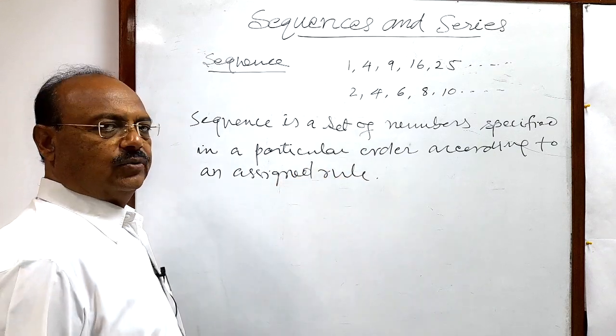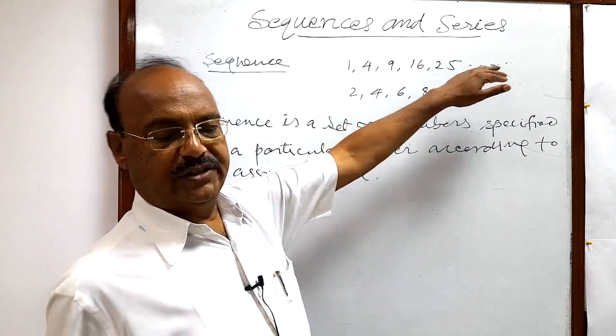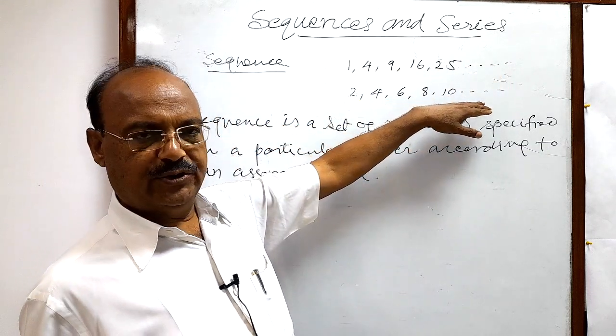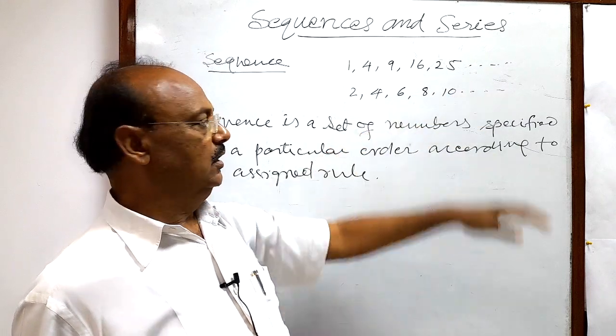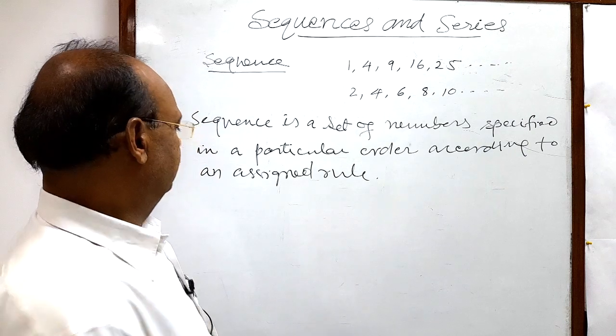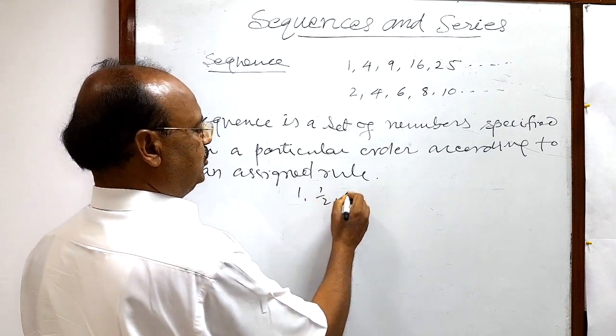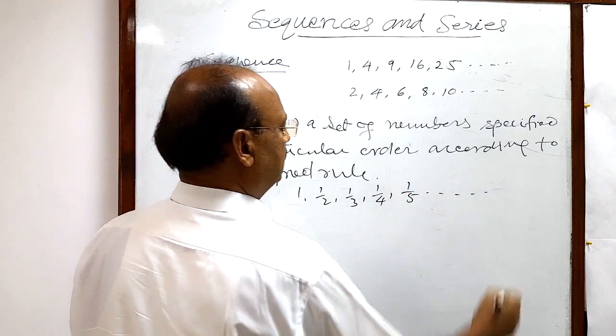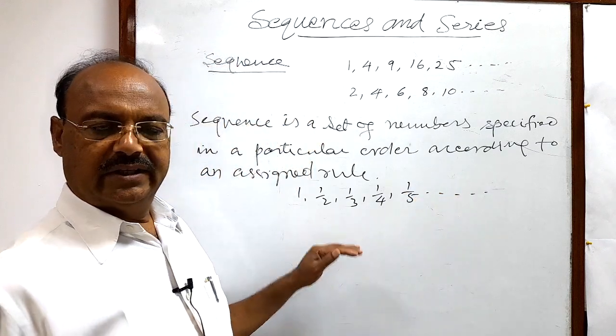Okay, so rule means here squaring all natural numbers, or multiplying all natural numbers by 2, like this. We can see some more examples of sequence, like 1, 1 by 2, 1 by 3, 1 by 4, 1 by 5. This is also an example of sequence.